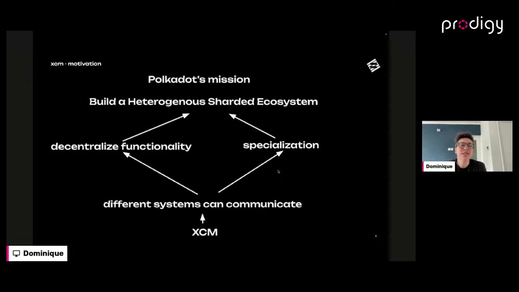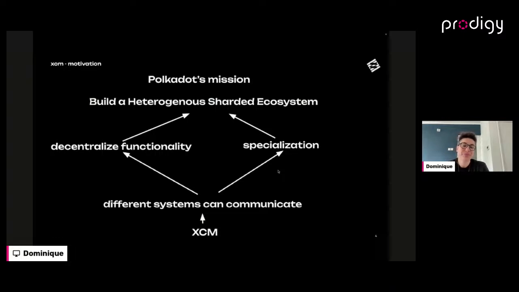Was it necessary? Is it the key thing in Polkadot and the ecosystem? And yes, it is. I put it on the bottom of the slide, just to show that XCM is the foundation, the building block to make all the other things that we want in Polkadot.